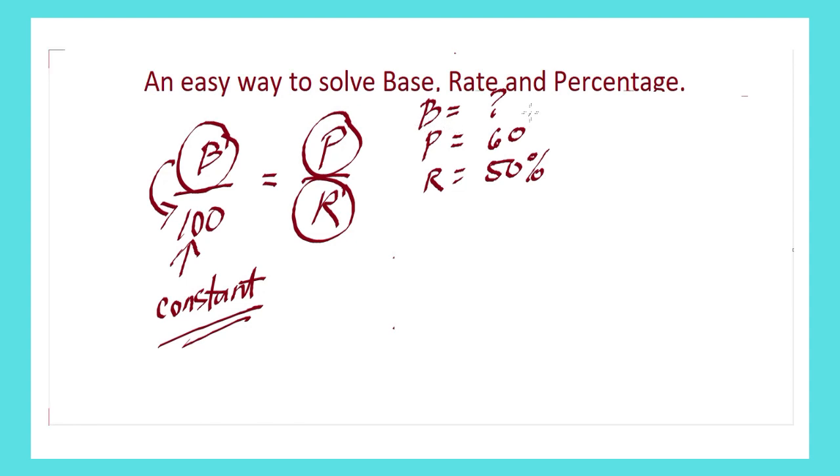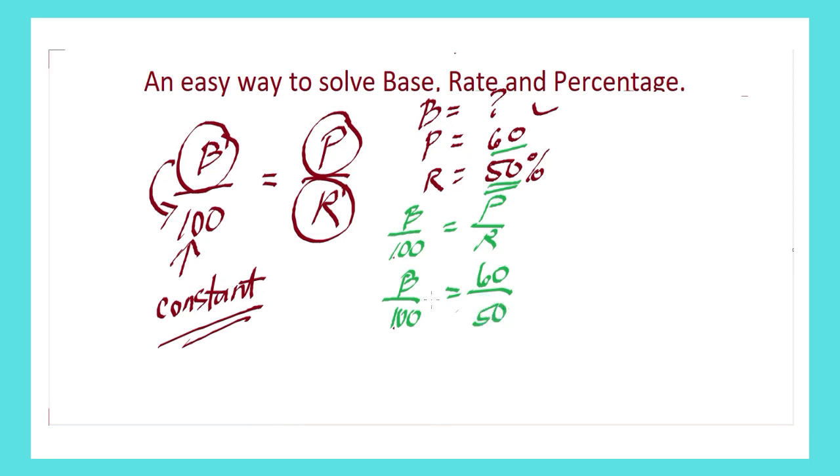Now let's have another one where the base is still missing. We got B, we don't know it. The percentage, we know that it's 60, and the rate is 50. Again, we are going to use the formula, which is B over 100 is equal to the percentage over the rate. The base we don't know, so write B over 100 equals, the percentage is 60 and the rate is 50.